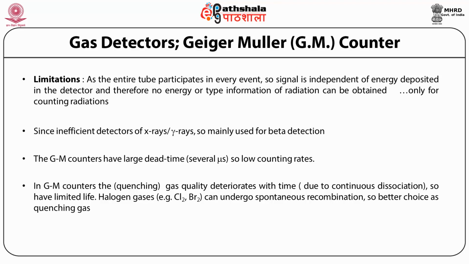The quality of this internal quenching gas deteriorates with time, so we need to replace the gas after a fixed time. So we can say that the GM tubes have limited life. Halogen gases like chlorine and bromine can undergo spontaneous recombination, so they are a better choice as quenching gas.